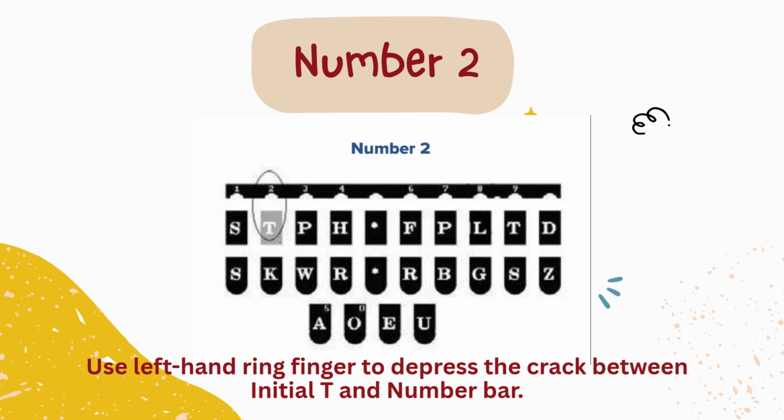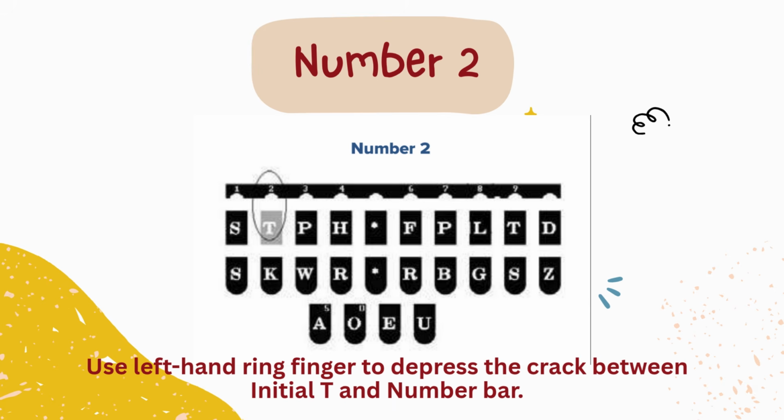We have number two. For number two, how are we going to write it? We are going to use our left hand ring finger to depress the crack between initial T and the number bar. We make sure that we press on the crack, because if we press only the initial T, then of course the initial T will appear.